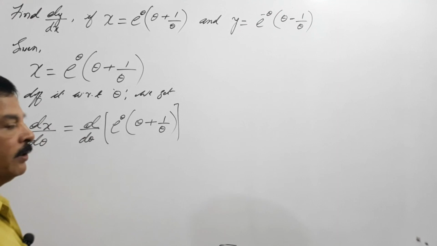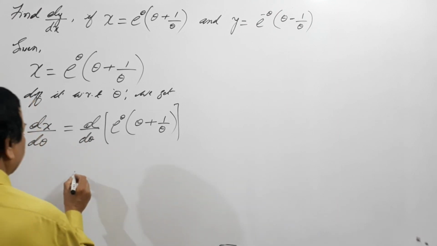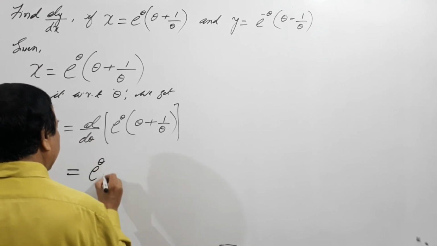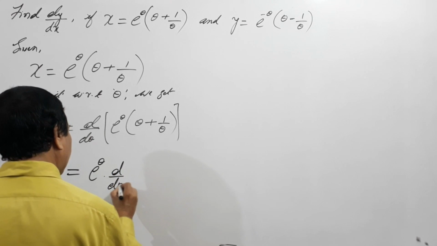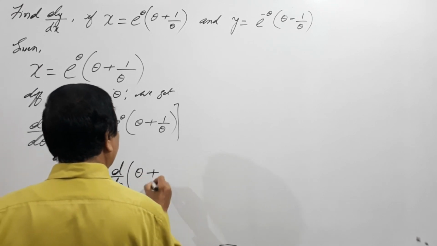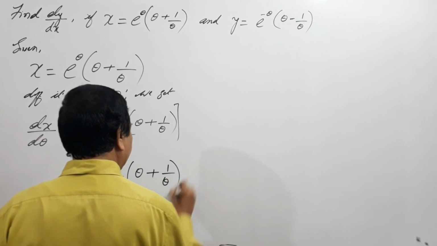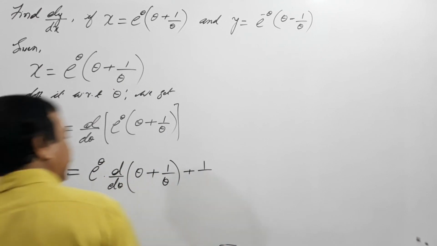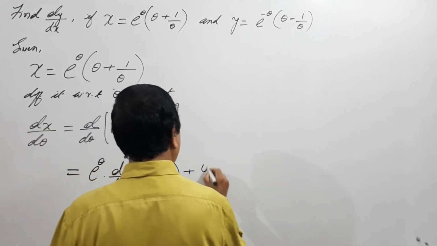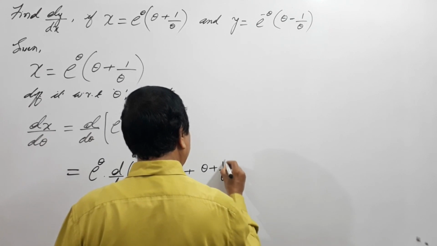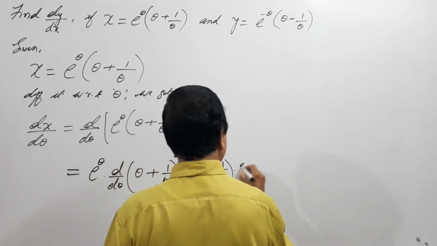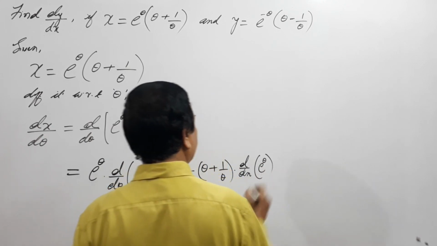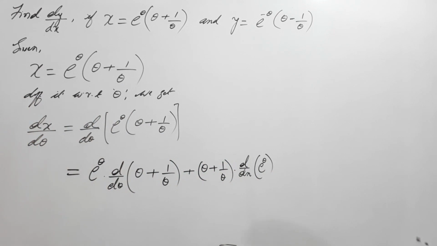We keep the first function as it is and differentiate the second, theta plus 1 by theta, and then keep theta plus 1 by theta as it is and differentiate e to the power of theta. This is how you have to go about it. What happens here?